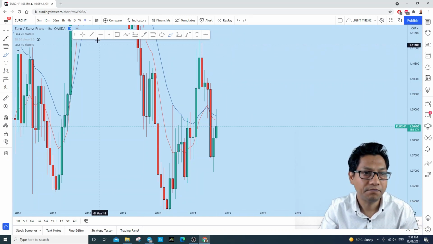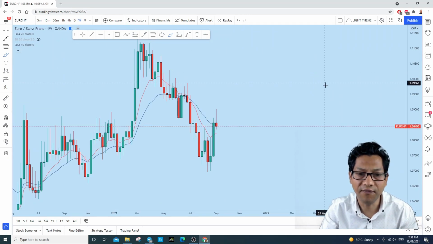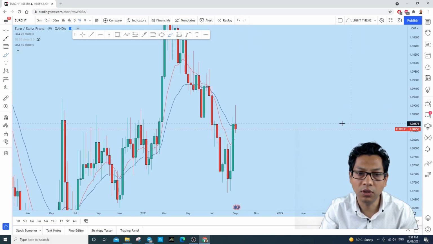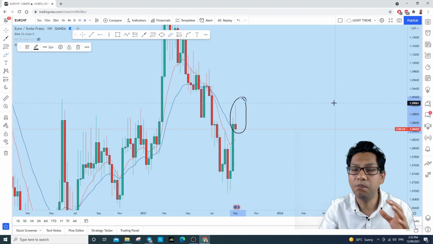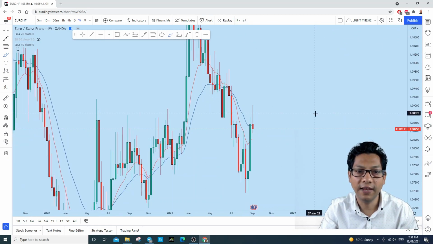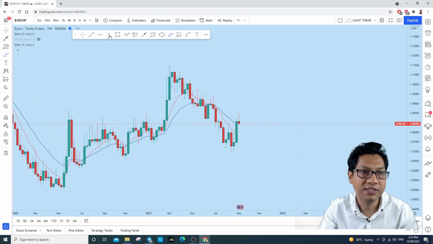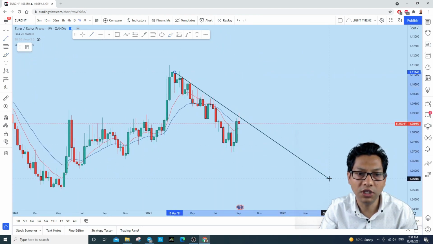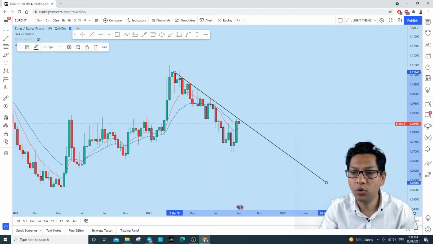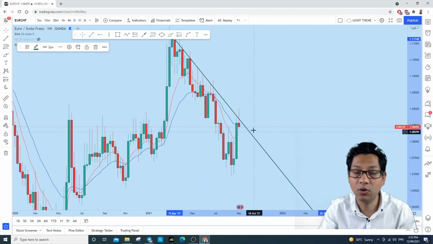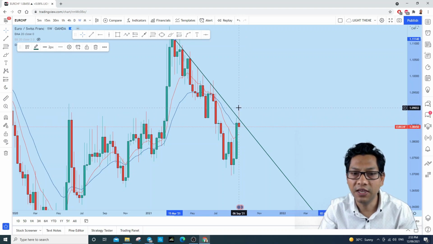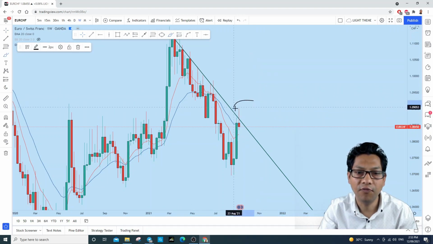Now going down to the weekly time frame, we have seen that the previous week has created this pin bar at the top. And look at this, this is an established downtrending market with a strong trend line, and the price basically couldn't break this trend line. In fact, it has been rejected from the top and created this pin bar.